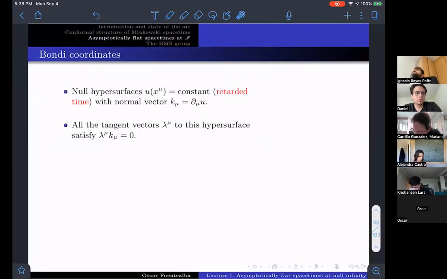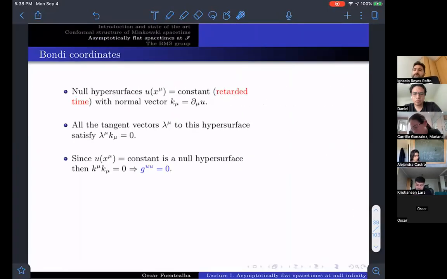But we know that all tangent vectors lambda mu to this hypersurface must be perpendicular to k mu. But we said that this is a null hypersurface. And this means that k mu, the norm of the vector, must be equal to 0. And from this equation here, we can easily arrive to this conclusion.